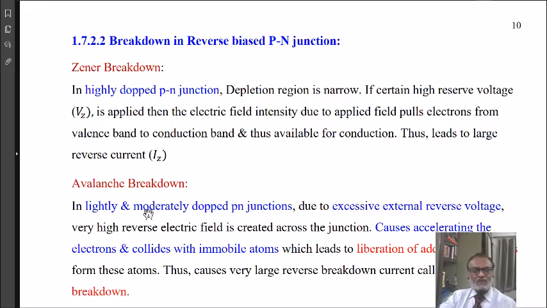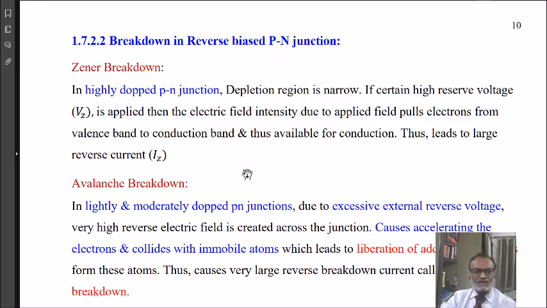In avalanche breakdown, due to the excessive force applied by the external field, the charged particles are accelerated and acquire kinetic energy. When they move, they strike the immobile ions present in their path and give energy to these immobile ions.